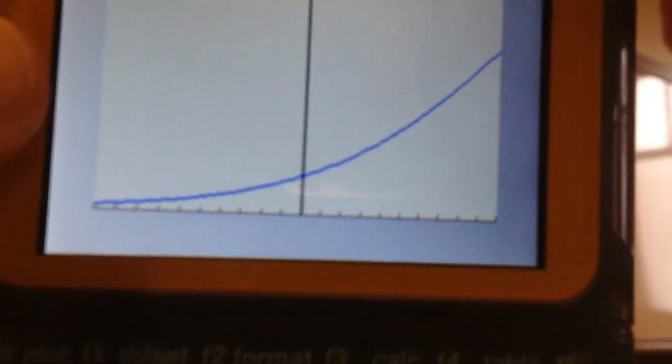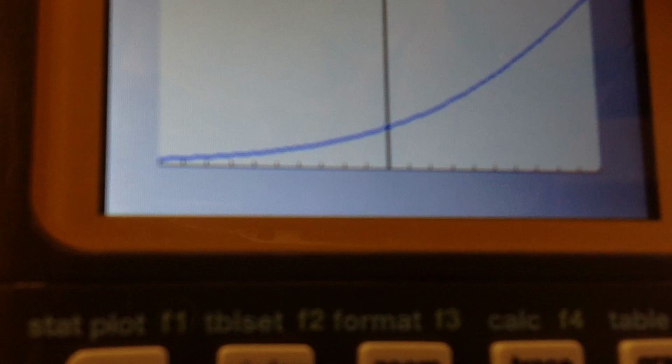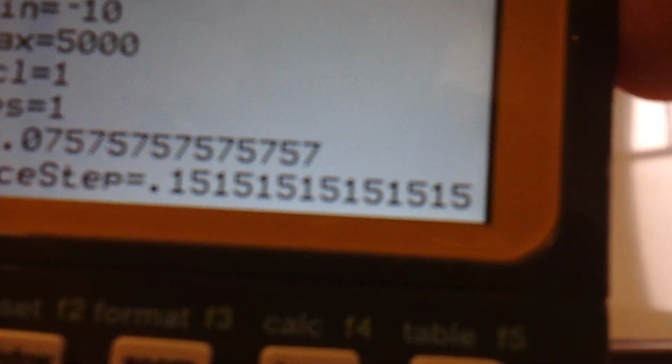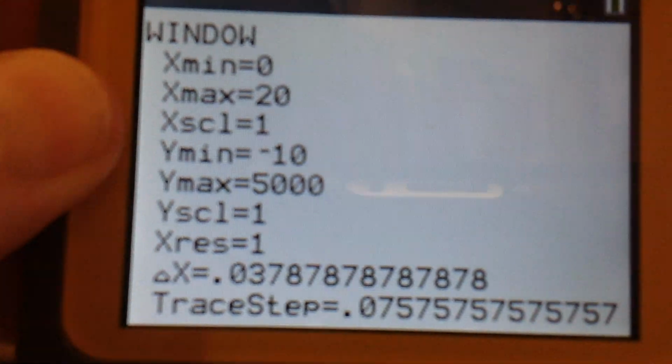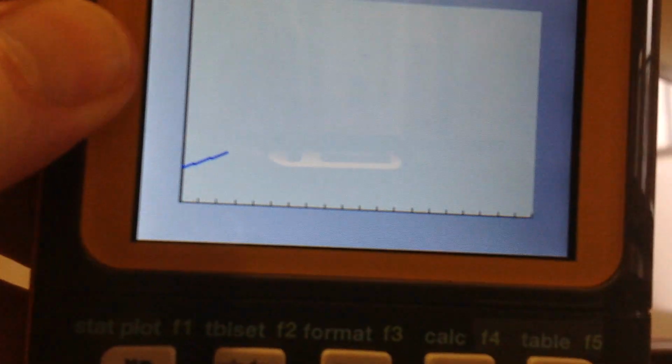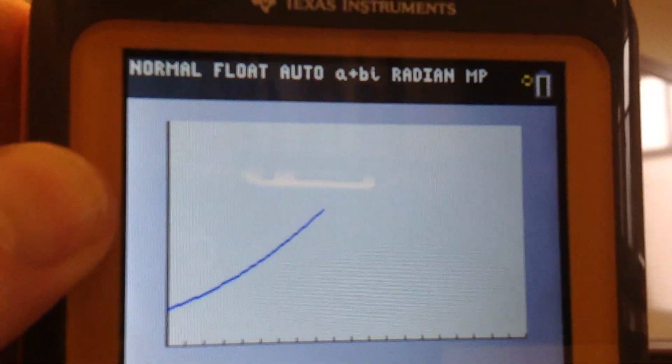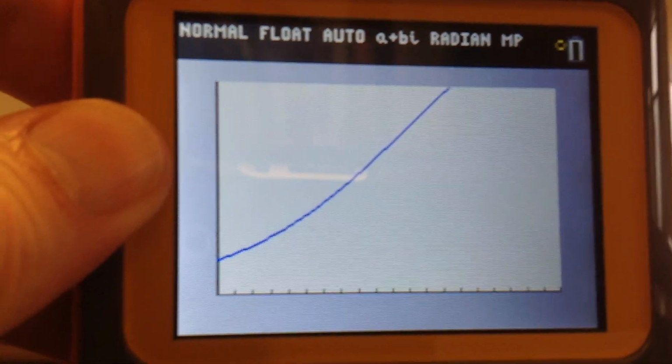So now the problem is that we can't see anything over here. Okay, so I'm going to take out these negative values of x, and I'm going to push out the positive values of x. So let's make that x minimum equal to 0 now, and we'll make the x maximum equal to 20. Okay, so let's see what that graph looks like. And this kind of playing around with your window, I think, is helpful in these kinds of problems.